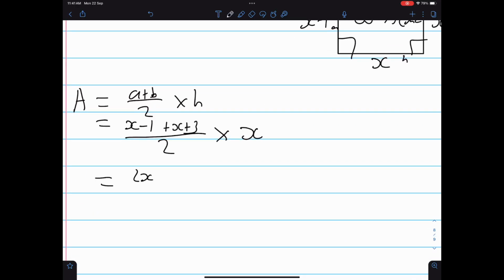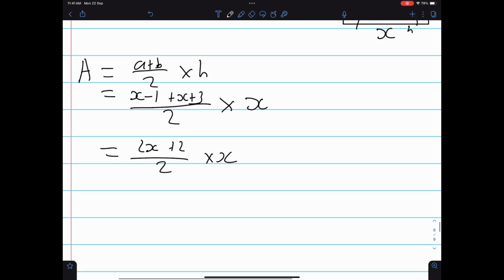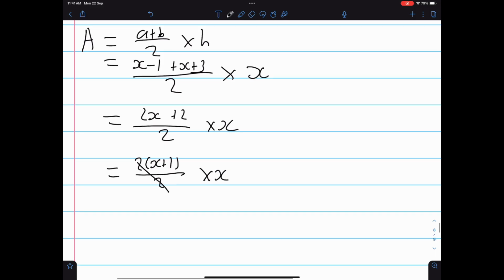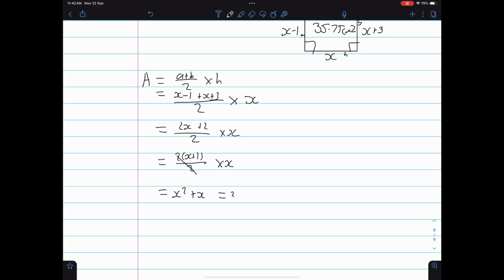That's 2x plus 2 over 2 times x. And if we were to factor this out, that's 2x plus 1 over 2. This will cancel. So we get x squared plus x, because that's x times x plus 1. And that's equal to 35.75.